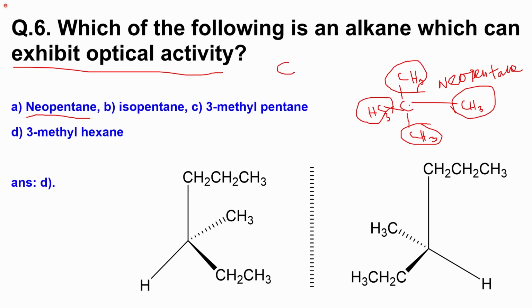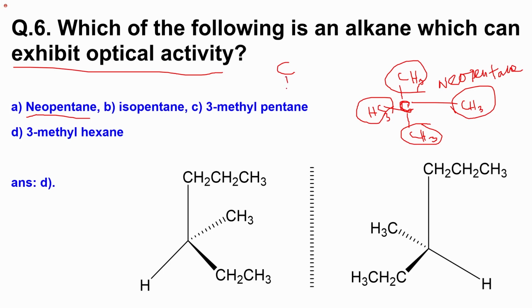Why is it quaternary? Because the central carbon doesn't have any alpha proton, any proton source. All the arms are satisfied with other different groups.